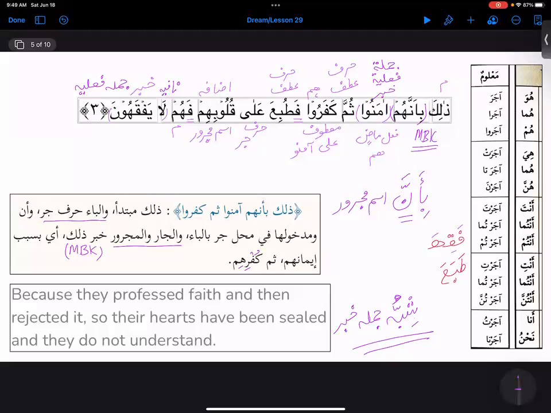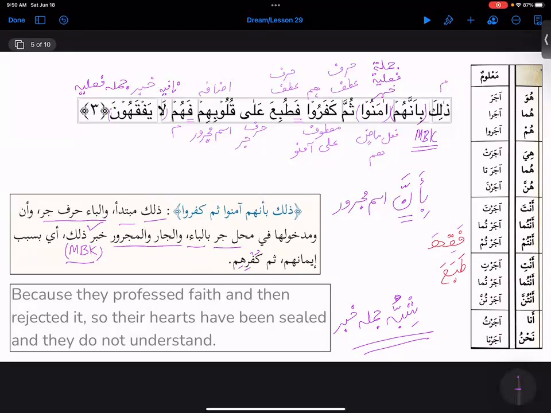For example, over here it says: Zalika mubtada, wal ba harfu jar, wa anna wa madkhulaha. Madkhulaha means it's ism fi mahalli jar bil ba, because of ba, and jar majroor, and khabar zalika, this is the khabar of zalika, they are saying. We are giving it the label of MBK, but they call it khabar.